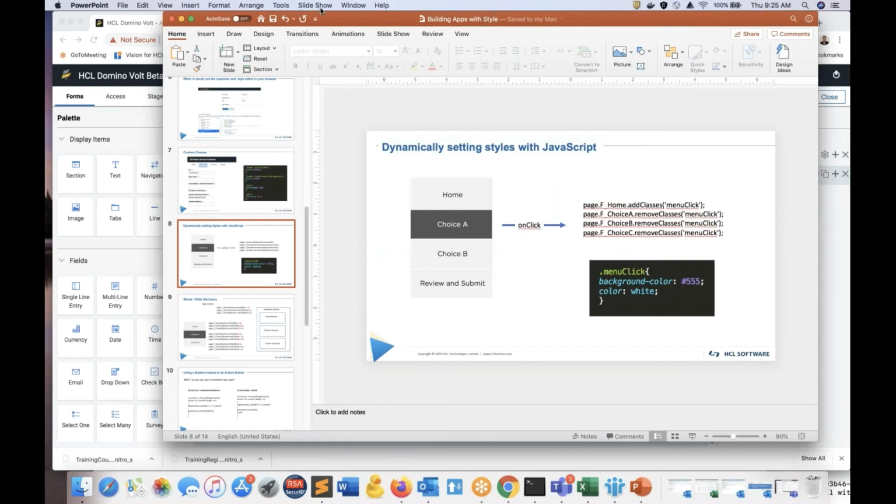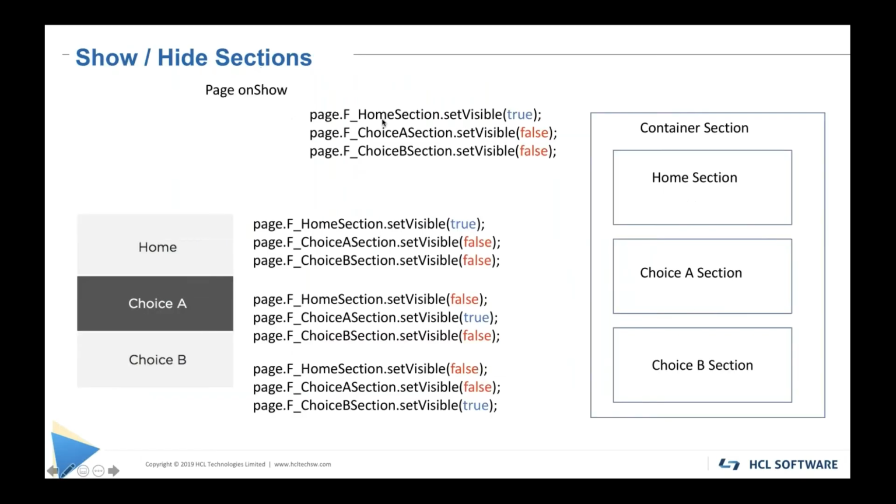Let's talk about the next piece of this application, sections. In this example that I have on the screen here, I've got 3 choices. And when I click on a choice, I'm deciding what to show. The way I've got the information on the right, I've got an overall container.